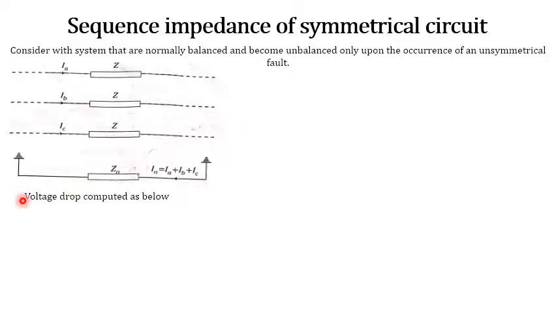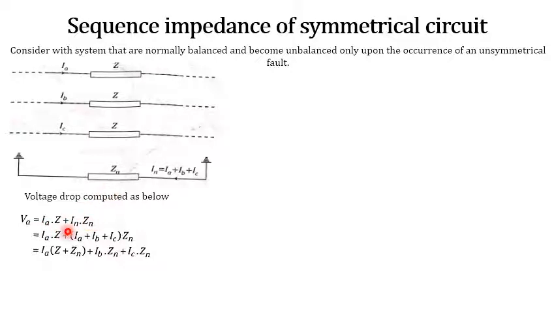Let us understand the voltage drops, which we compute as below. The voltage across circuit A can be written as the current Ia times the impedance Z, plus the neutral current times the neutral impedance: Ia into Z plus In into Zn.